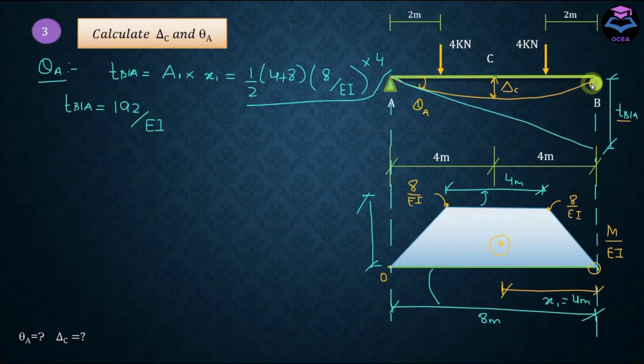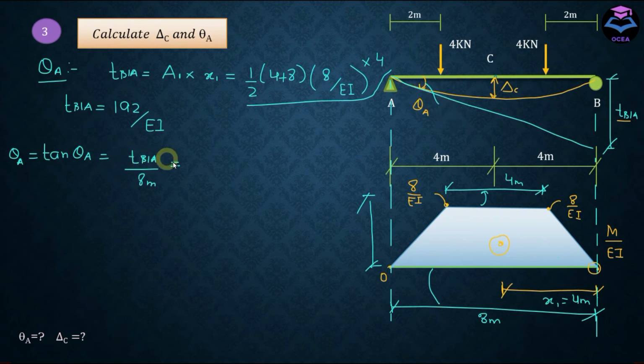Okay, after finding this TBA, if you apply a trigonometric relation to this right angle triangle that I'm pointing towards, tan theta A is going to be equal to perpendicular GB/A upon base, and the base is equal to 8 meters. And one more thing, tan theta A is equal to theta A, because this theta A is really small.